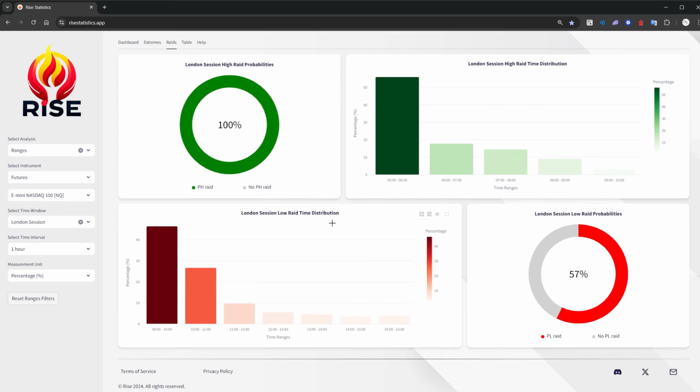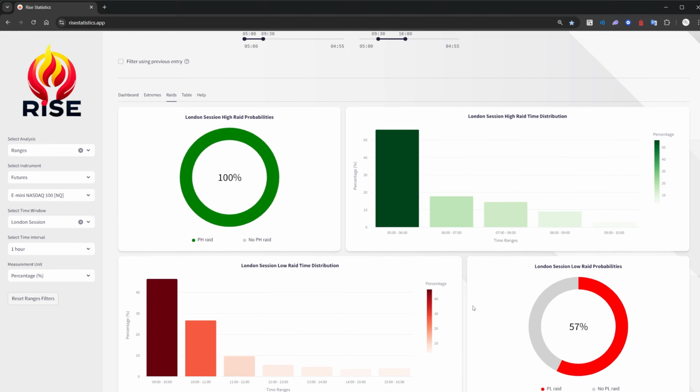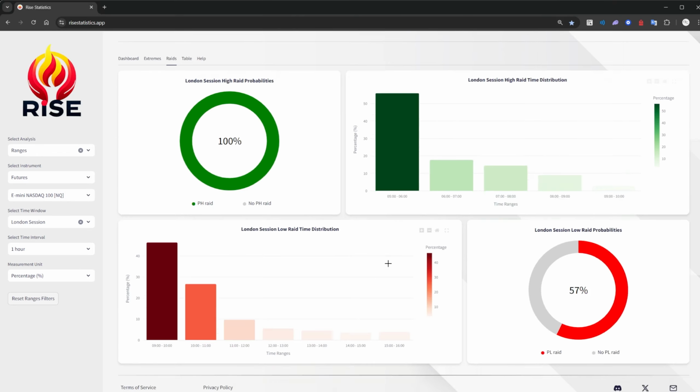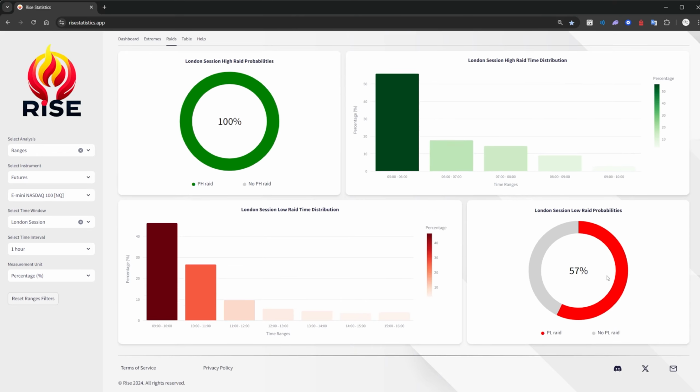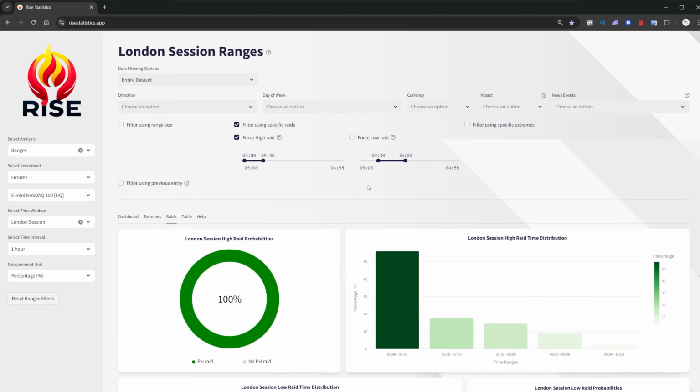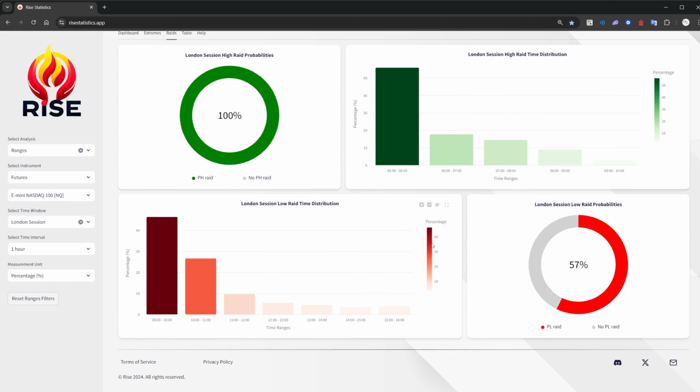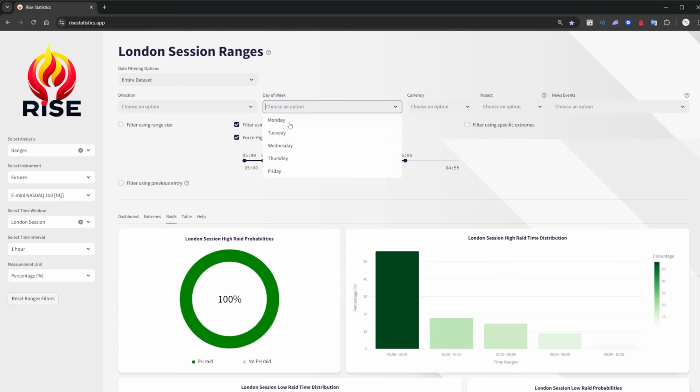These are some pretty intense filtering options that aren't necessarily self-intuitive, but you can always go to the help section. Everything is detailed. Right here is what we see. So with nothing else added, we see that 57% chance of reaching said London low during these hours. And of course, you can see this probability distributed throughout time. Now, as I said, you can add more specific options.